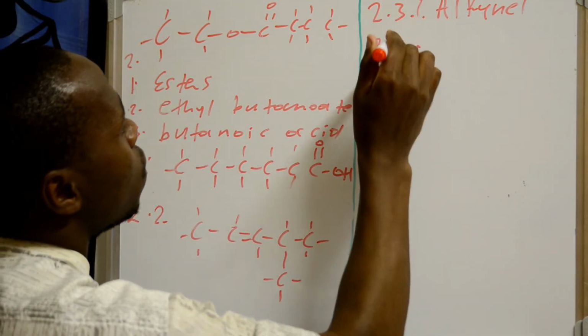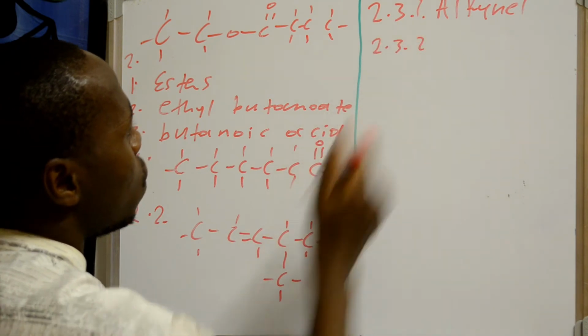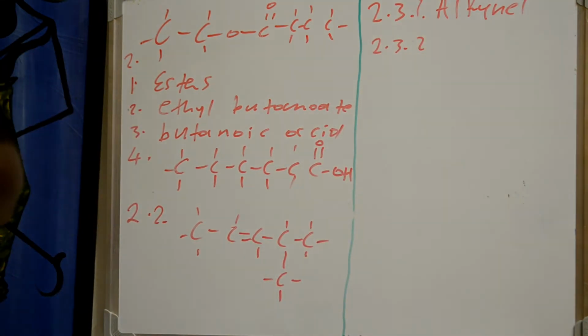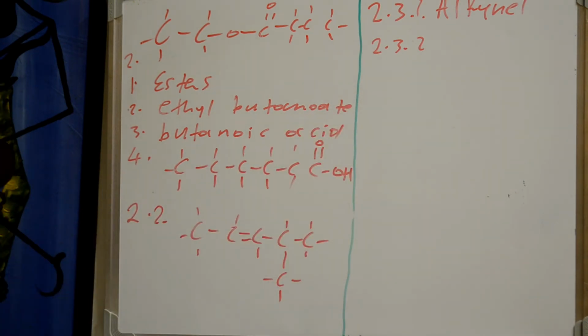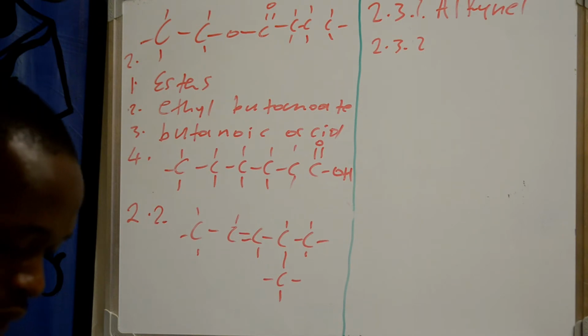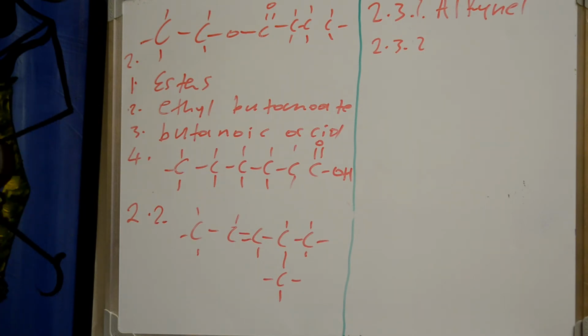2.3.1, 2.3.2. The IUPAC name of this. Okay, so let's name the compound. You always start from the carbon which is closest to the functional group. So in this case, the triple bond is between the 4th carbon and the 3rd carbon, so we number from this side. So the triple bond is between the 3rd and 4th.